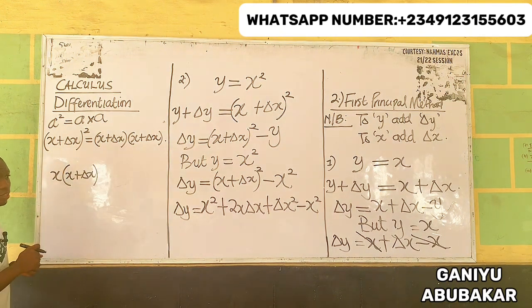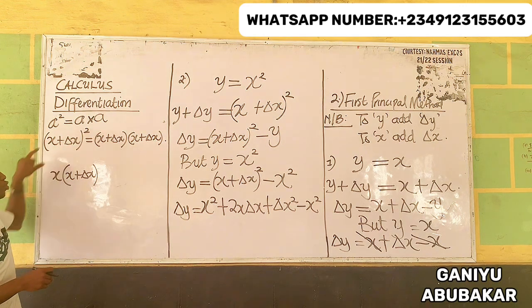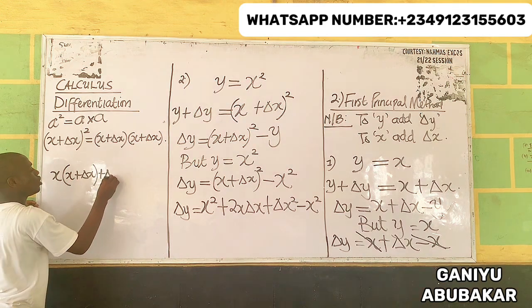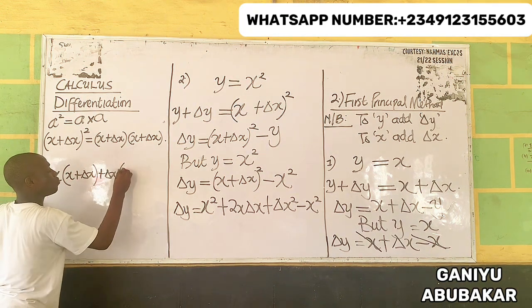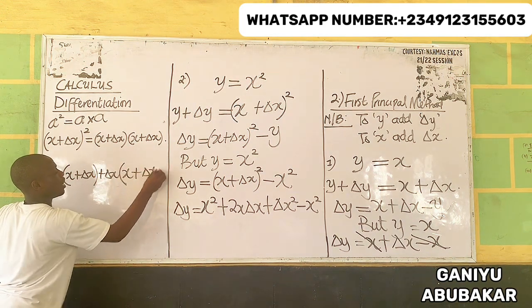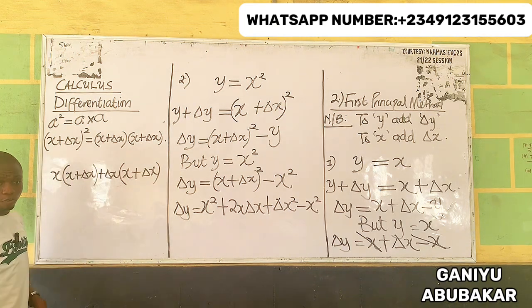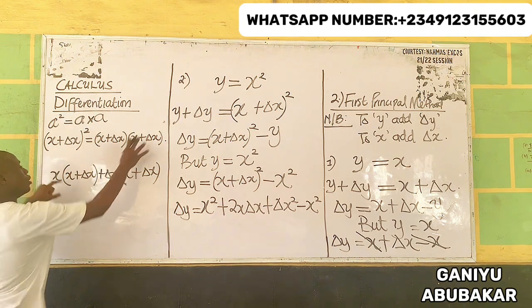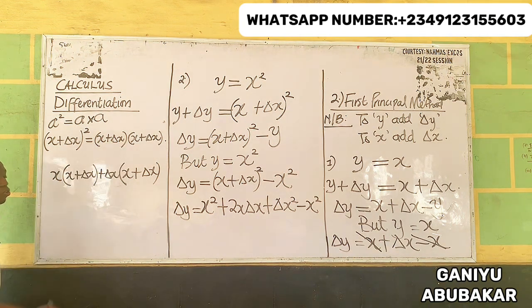Then pick out the second one, plus change in x, into everything, x plus change in x. So one will sacrifice itself for the other. Pick out the first one here, the second one comes here, then this one will be attached to it.